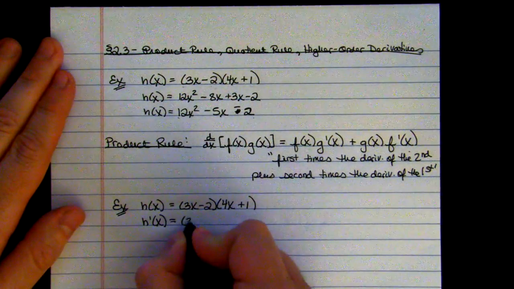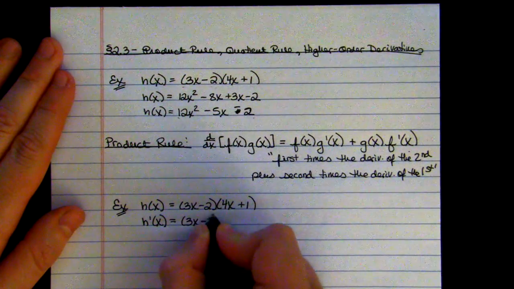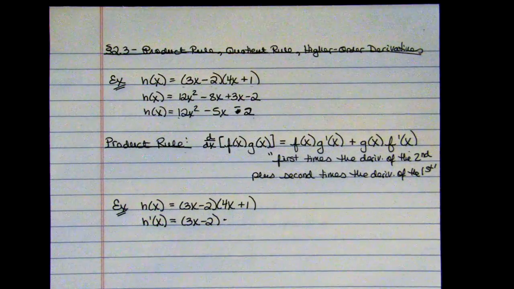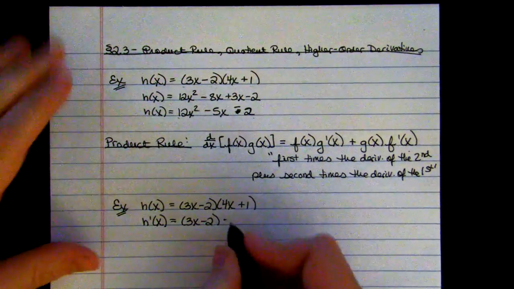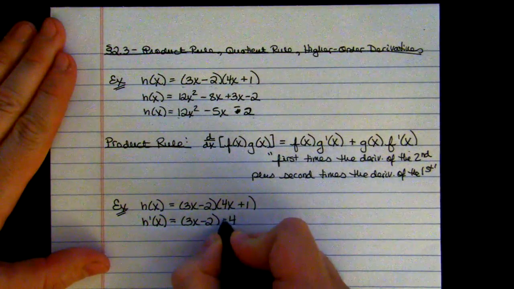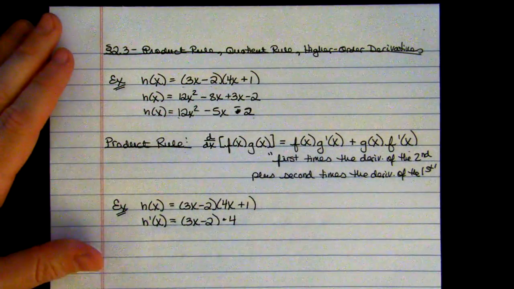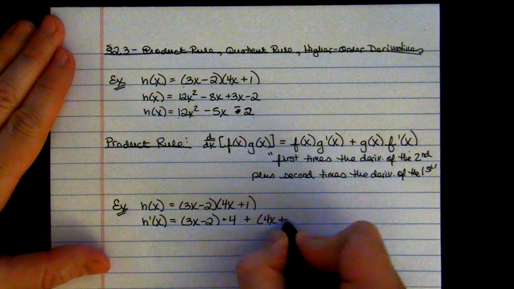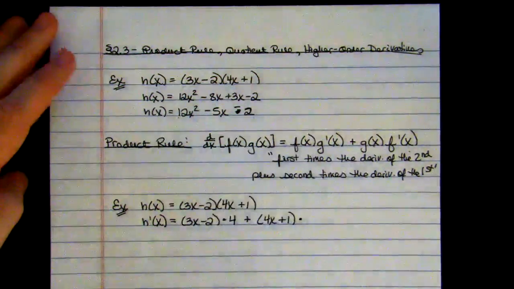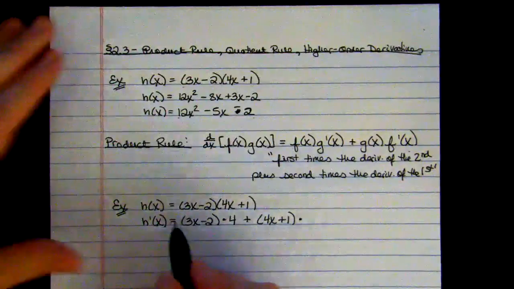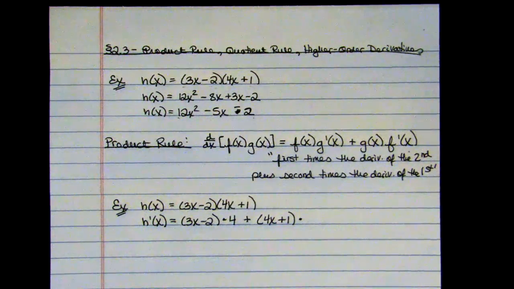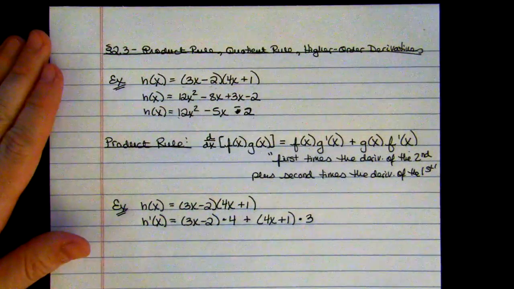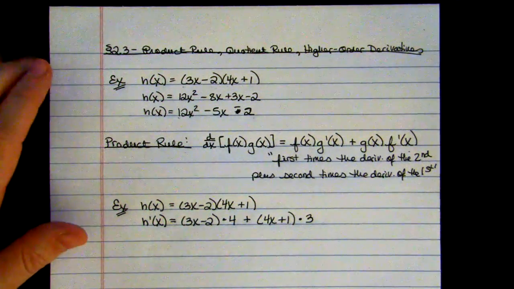Well, that first is just 3x minus 2 times, okay, your turn. What's the derivative of the second? Hopefully you said 4, or 4 plus 0, which just becomes 4, plus the second, 4x plus 1, times the derivative of the first. Well, again, your turn. What's the derivative of that first part? 3.